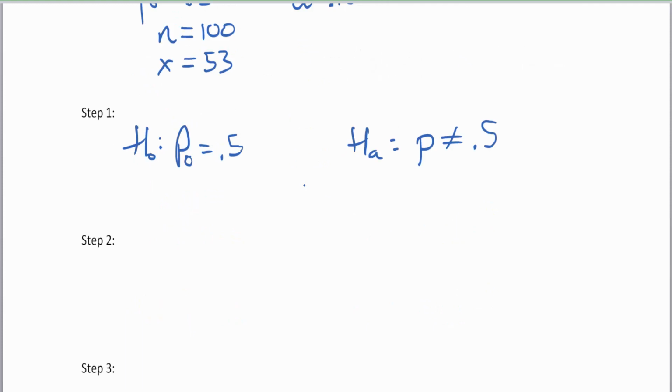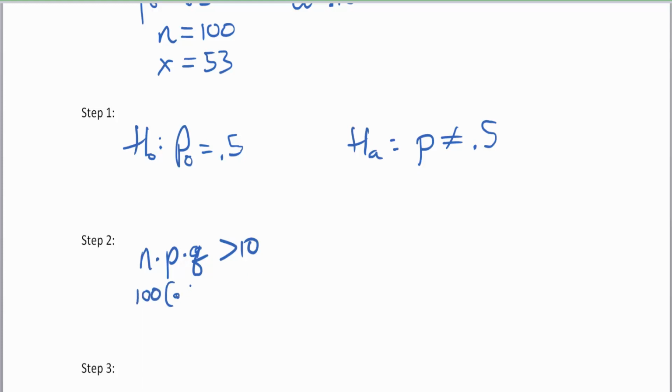Now step 2 has us check to see if n times p times q is greater than 10. If this is the situation, which means that we have a big enough sample size, then we can assume normality. If this isn't greater than 10, then we have to use the binomial CDF for our target x, and use a binomial distribution rather than the normal distribution. So we're going to look at our n, and our n in this case is 100.